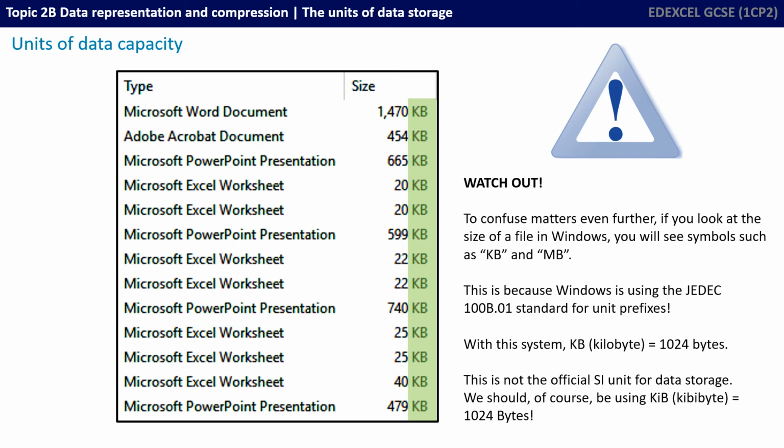This is because Windows is using a completely different standard for prefixes. With the Windows system, a KB or a kilobyte is 1024 bytes. This isn't the official International System of Units for data storage, which we mentioned in the previous section. And of course we should be using in our exam KiB, kibibytes, 1024.